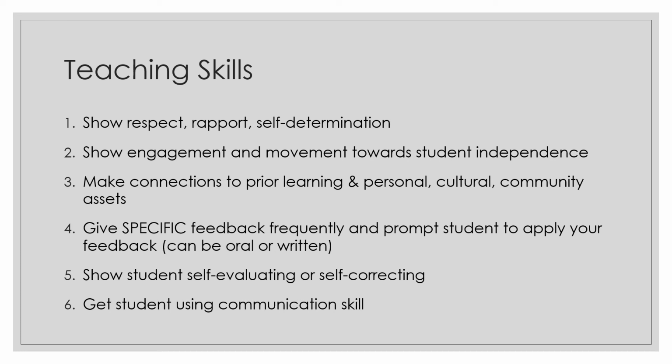But at any given point, if you can get the student to self-evaluate rather than you giving them the evaluation, see if they can evaluate how they're doing themselves, that would be even better. And then finally, get the student using the communication skill. I don't think that's going to be hard because most of you have chosen a communication skill that is essential for the actual lesson activities. So they should be using it as part of most of the lesson activities.